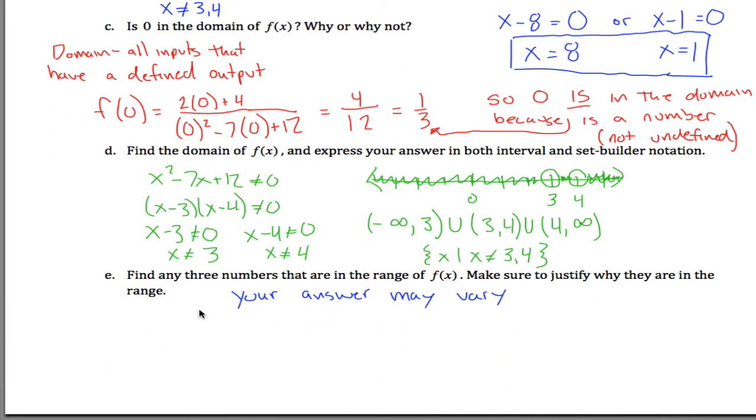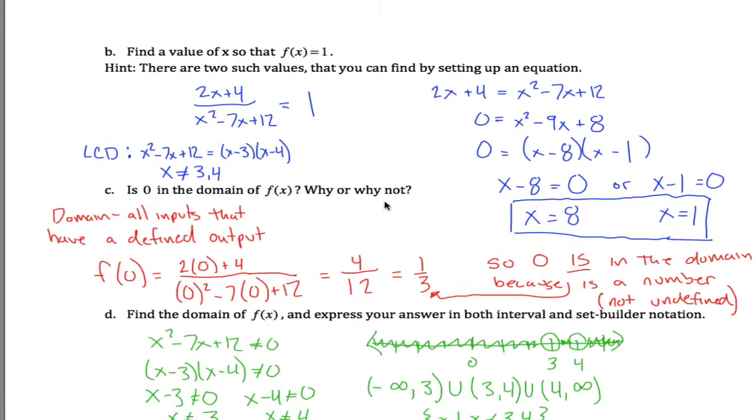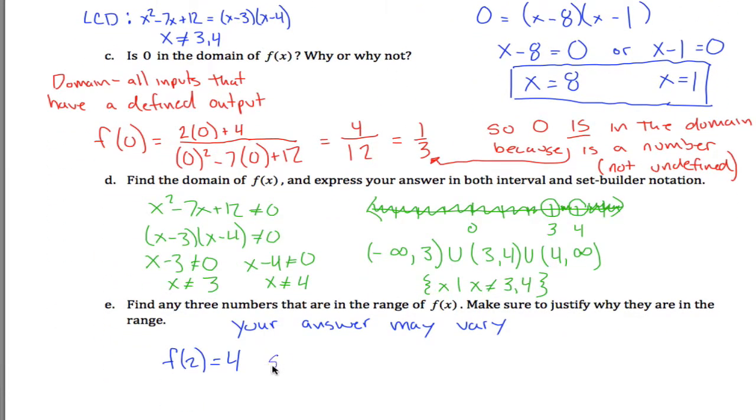So I already know, I figured out above, that f of 2 is equal to 4. That was from right here. f of 2 equals 4. So what that tells me is that 4 must be in my range, not in my domain.